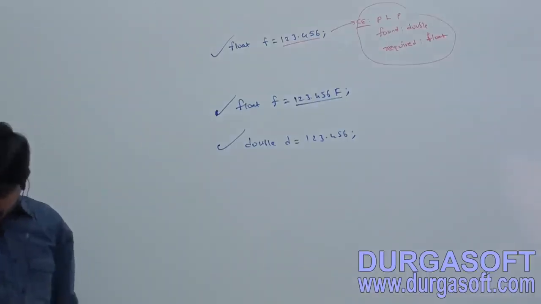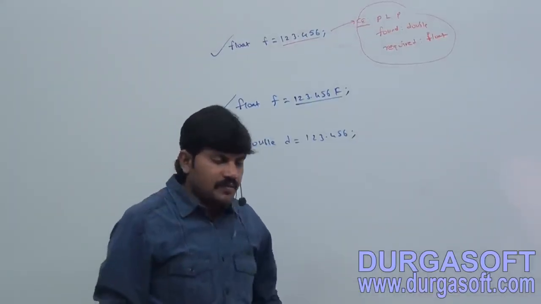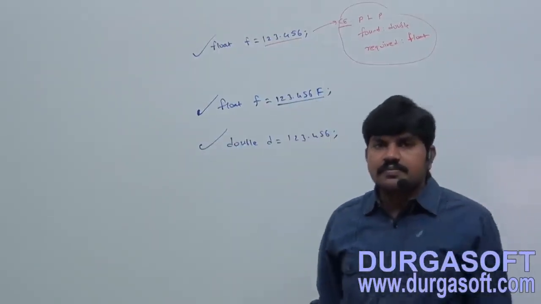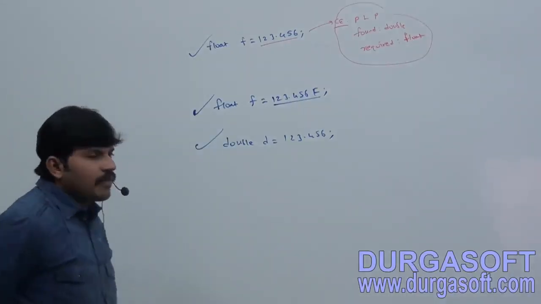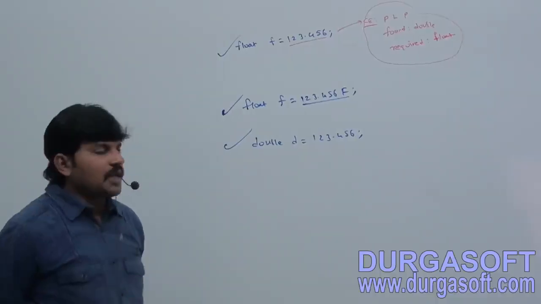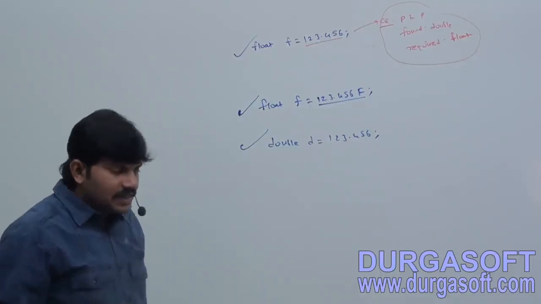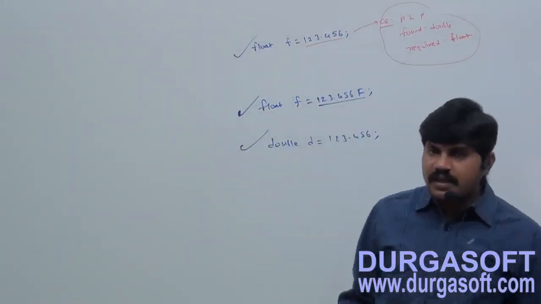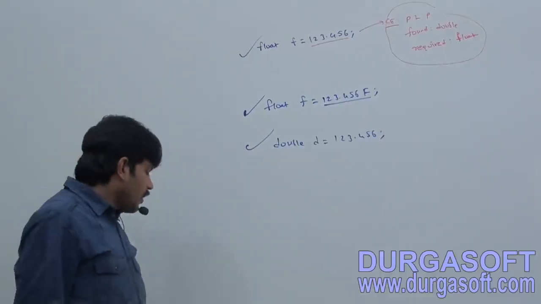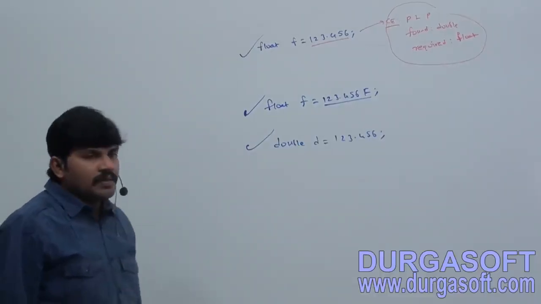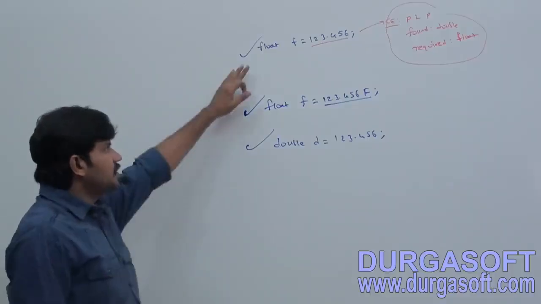Okay, at this point. By default, every floating point literal is of double type, and hence we can't assign it directly to a float variable. Okay, are you getting this?